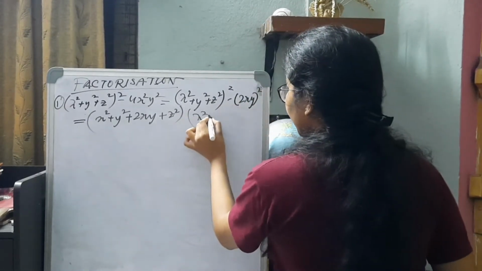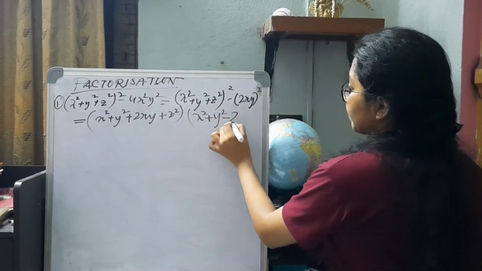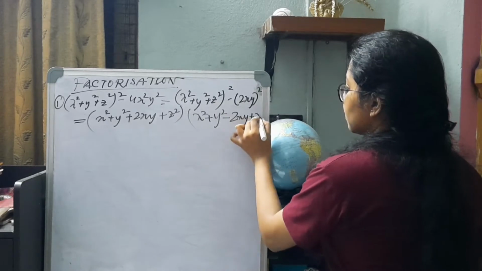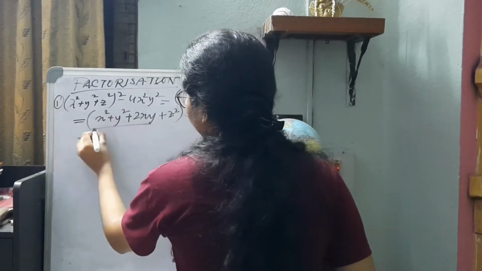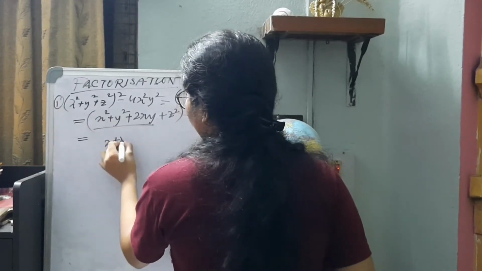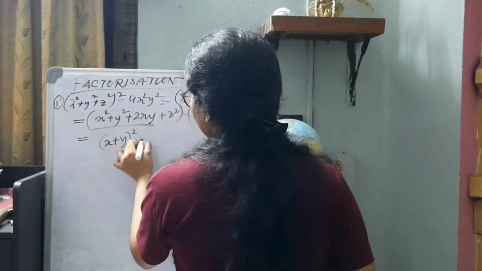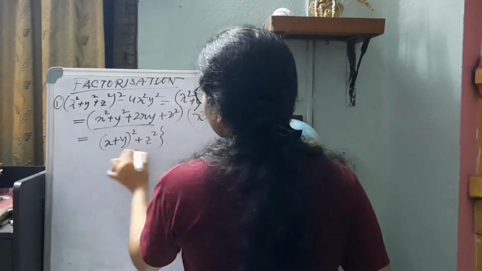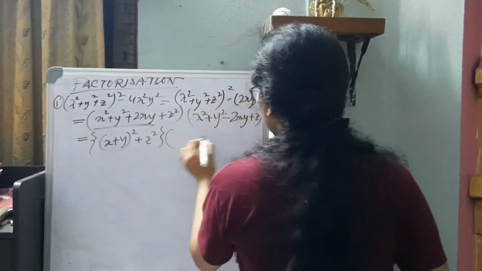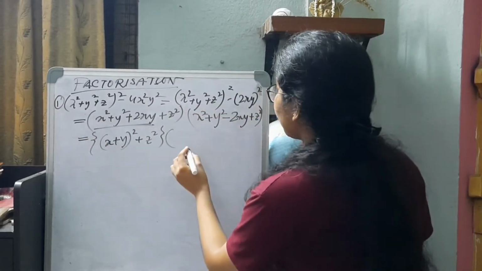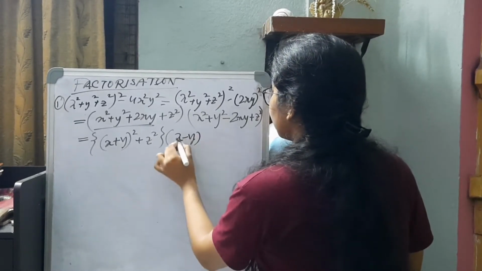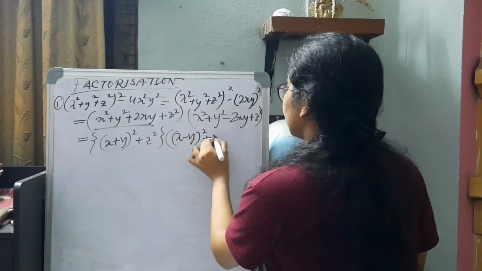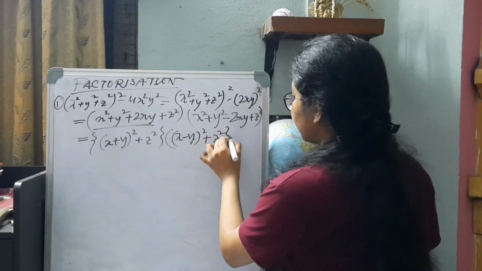Writing it in that particular form, as you can see, this part reduces to x plus y whole square plus z square, and this part is x minus y whole square plus z square.